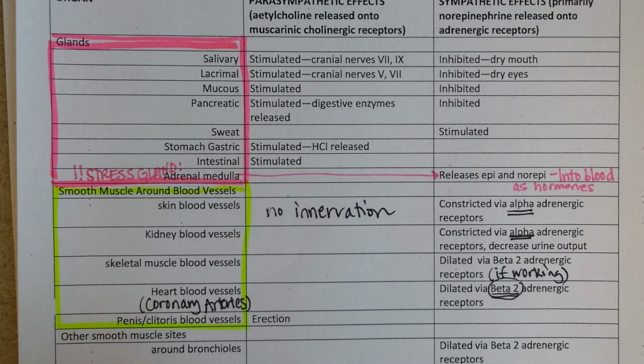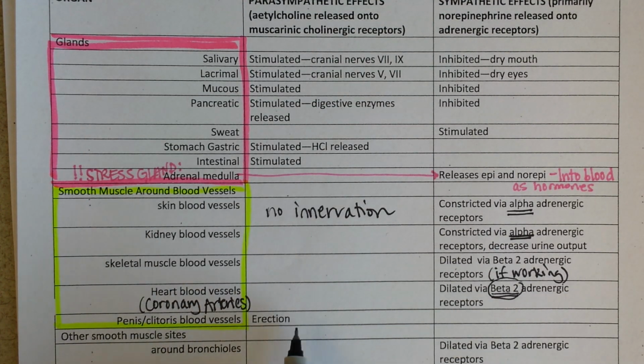If norepinephrine binds to beta-2 adrenergic receptors, dilation of a blood vessel, or dilation of a bronchiole, will occur. That is different than the beta-1 adrenergic receptors that are found on the cardiac muscle fibers. Coronary arteries have smooth muscle around them, not cardiac muscle.